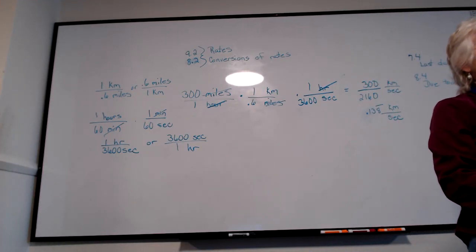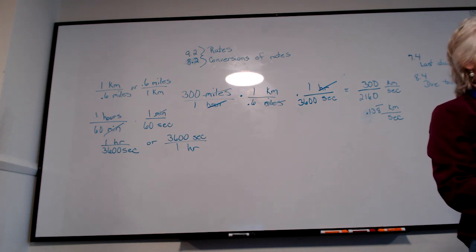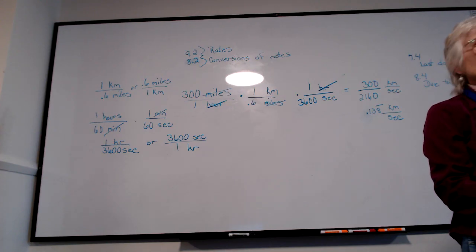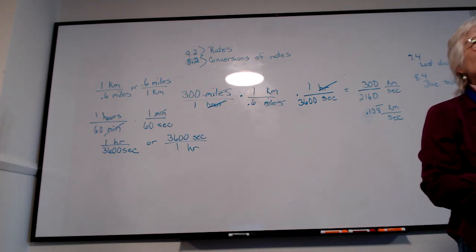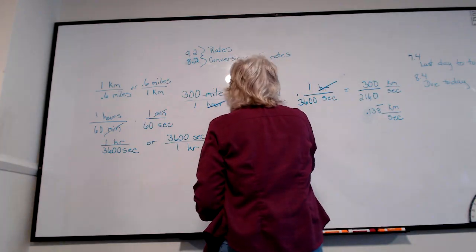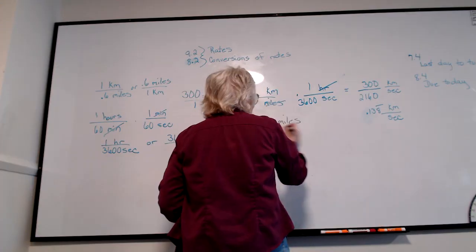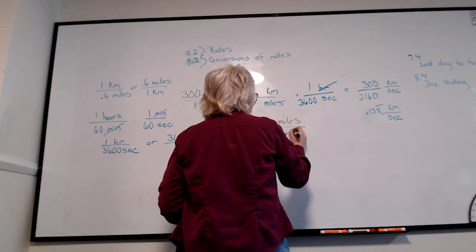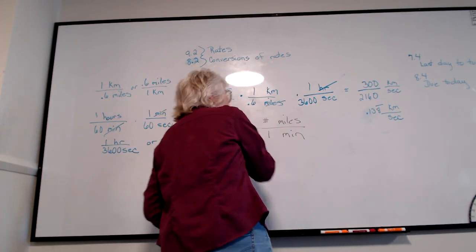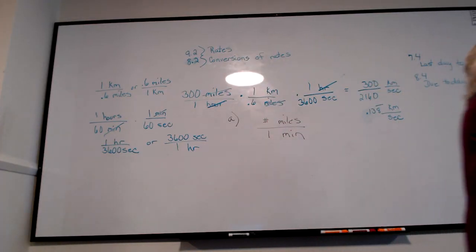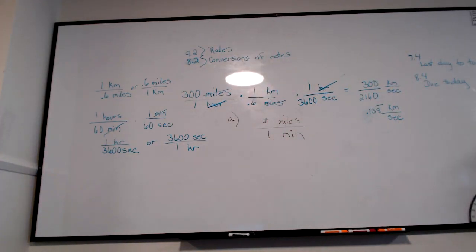1.5, and then divided by 12. No, it's 1 mile per 8 minutes. That's not what it asks. It wants to know how many miles per 1 minute. For number A, you are making it into a conversion or just a unit rate.